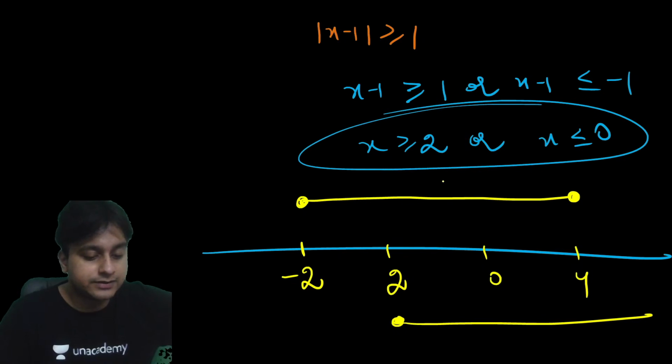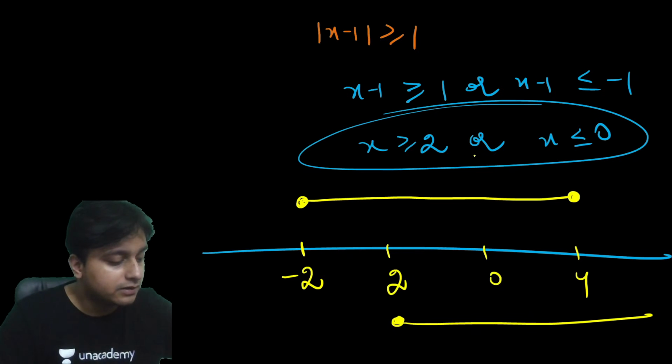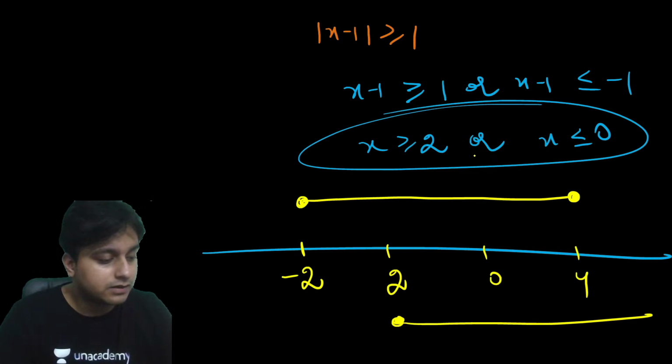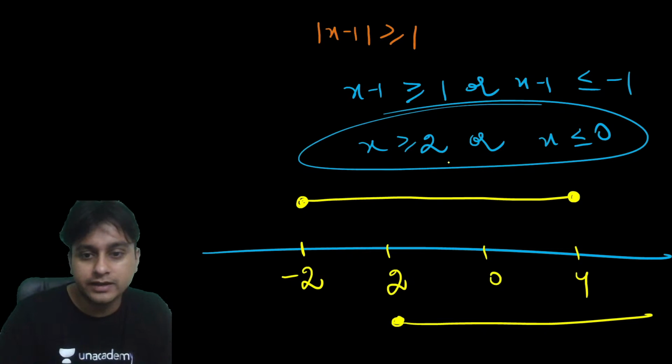Understood? Yes. Okay. Let me check once again. So this will be less than 0 or more than 2, right?